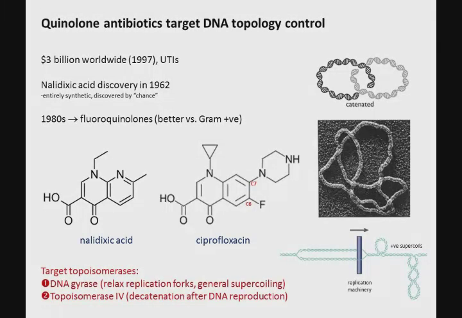And if you have any interference in this process, you either end up with broken DNA and a dead organism, or you end up with the chromosomes still co-joined, and you can't do cell division. You can't effectively separate the genomes from one another. So it's a very powerful means of inhibiting bacterial viability.